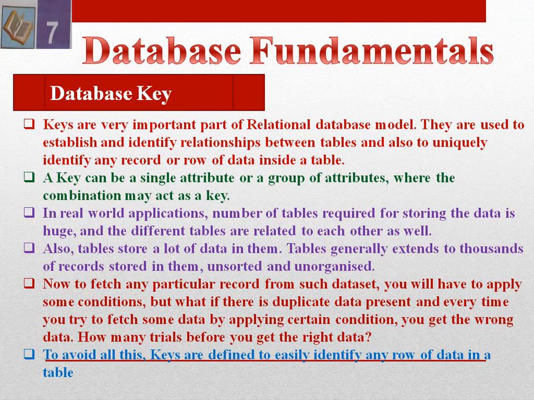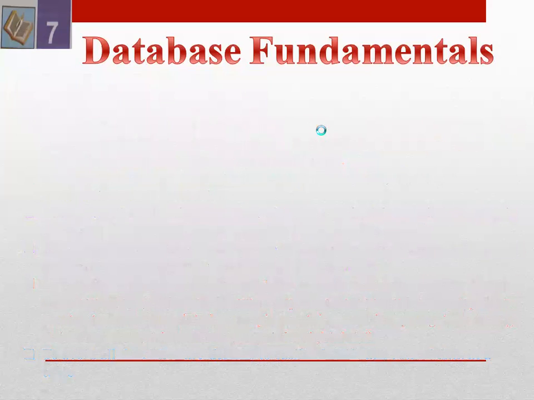It is used to remove the duplication of data, and it takes less time to fetch data, and you can work with a database very easily. So to avoid all the problems of unsorted, unorganized data, and thousands of records stored in tables, keys are used to easily identify any row of data in a table and in a database.